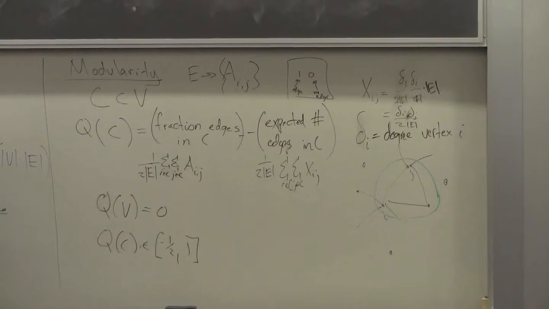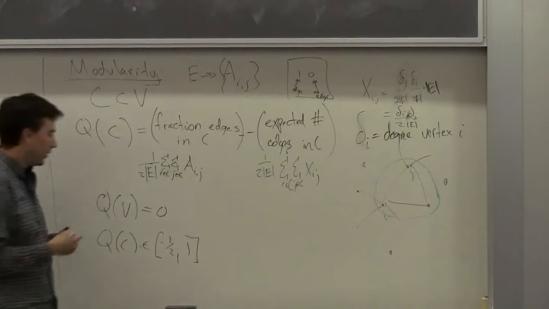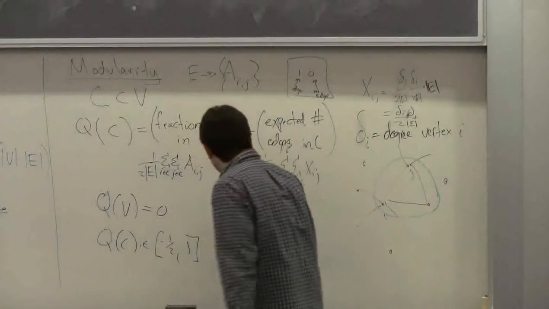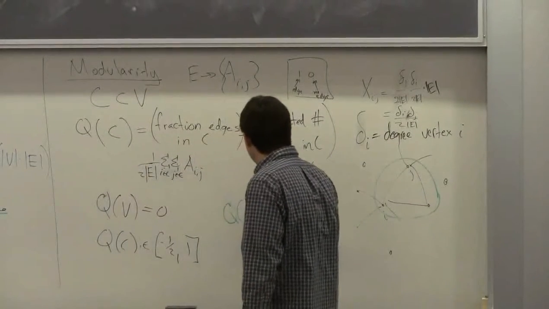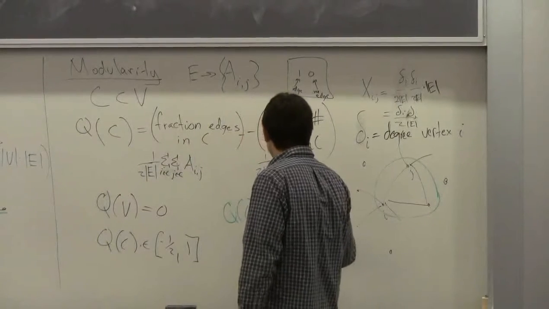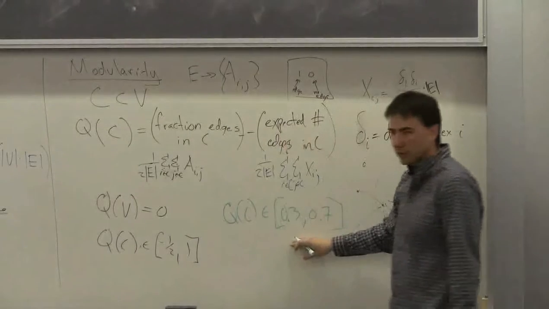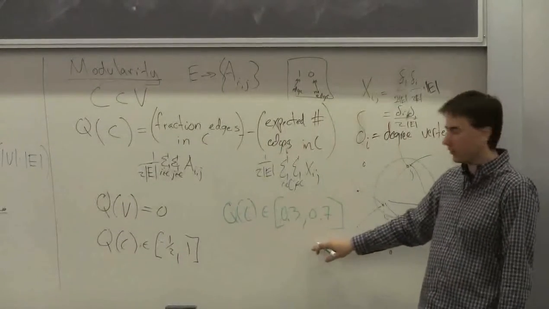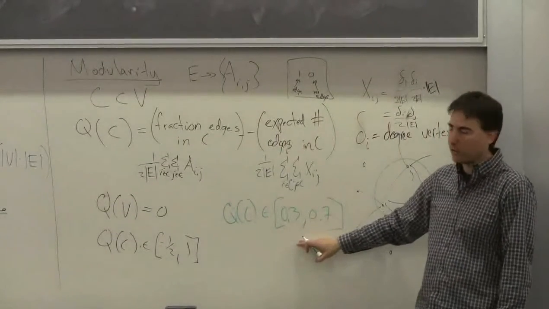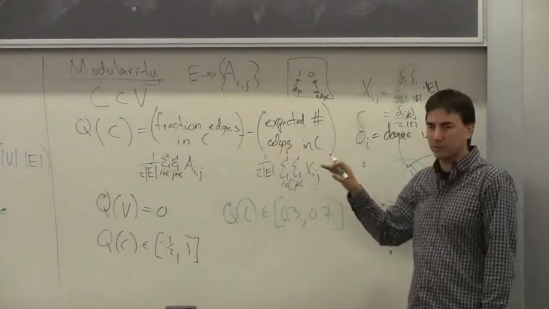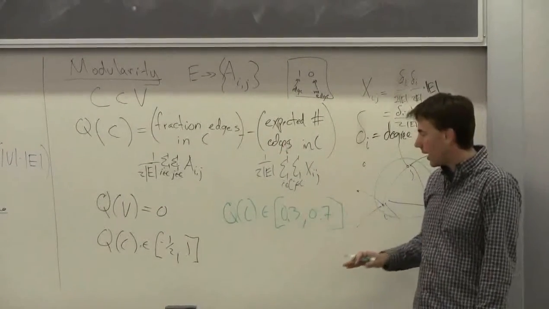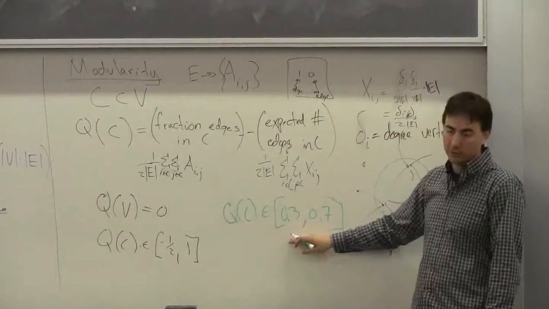And typically the rule of thumb I've heard is that if Q of C is in say 0.3 to 0.7, then this is usually a pretty strong community. This is a large modularity score, which means you have a lot more edges than you would expect. And this is probably a good choice of community.